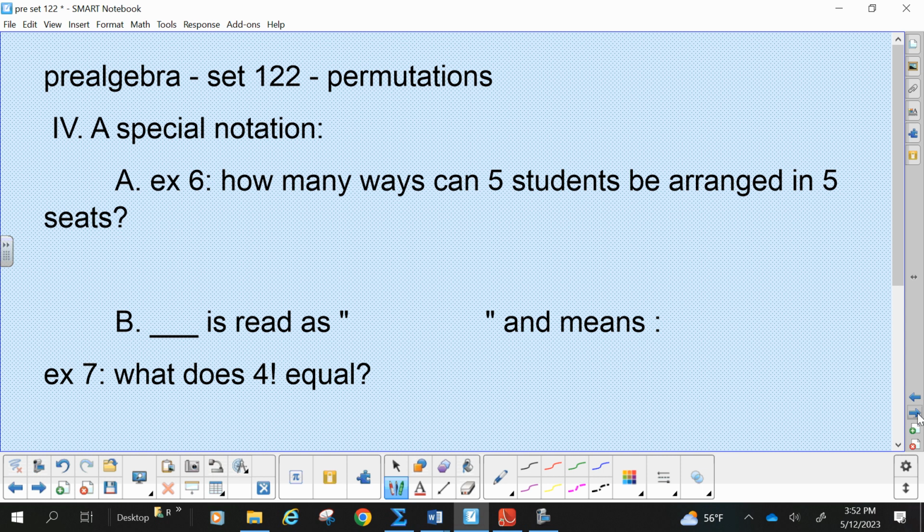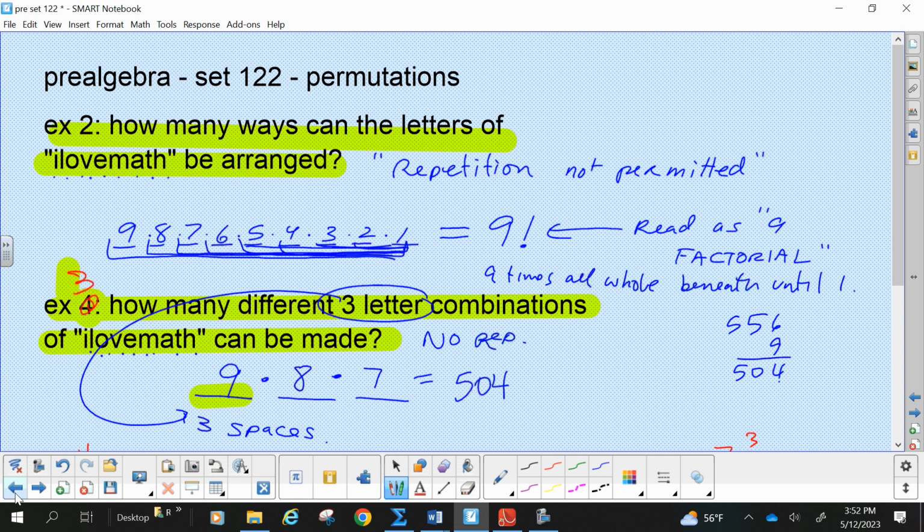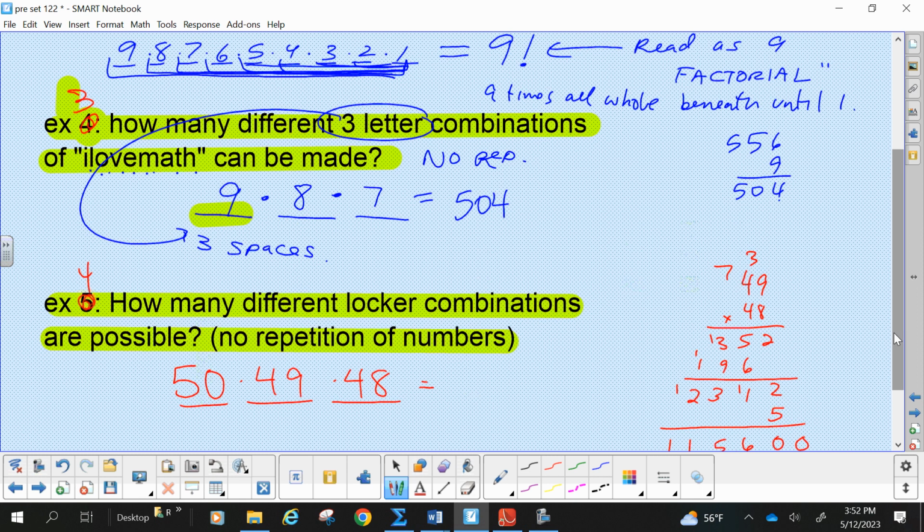I think we're good. I talked about factorial notation, so just so we're clear, let's jump down to this example, which is example 5.